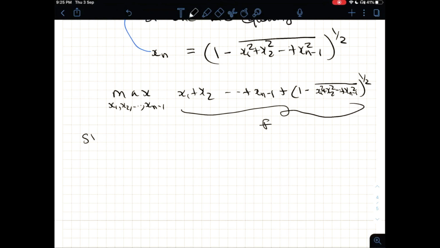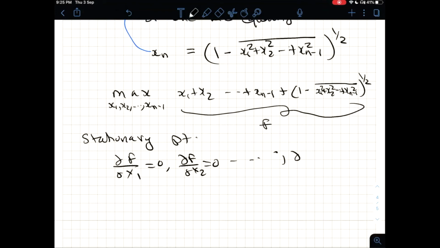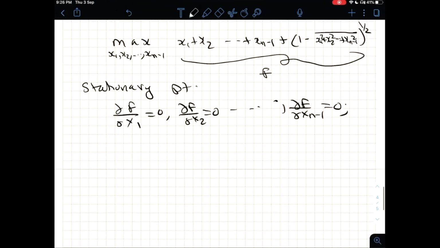So what does the stationary point require? The max has to be a stationary point, and there are more conditions, but the necessary condition is that it has to be a stationary point, an unconstrained one. So the first partial derivative should be 0, the second partial derivative should be 0, and the partial derivative with respect to xn minus 1 should also be 0. So let us take the derivative of f, the objective function, f of x1, x2 to xn minus 1, with respect to some variable xi.